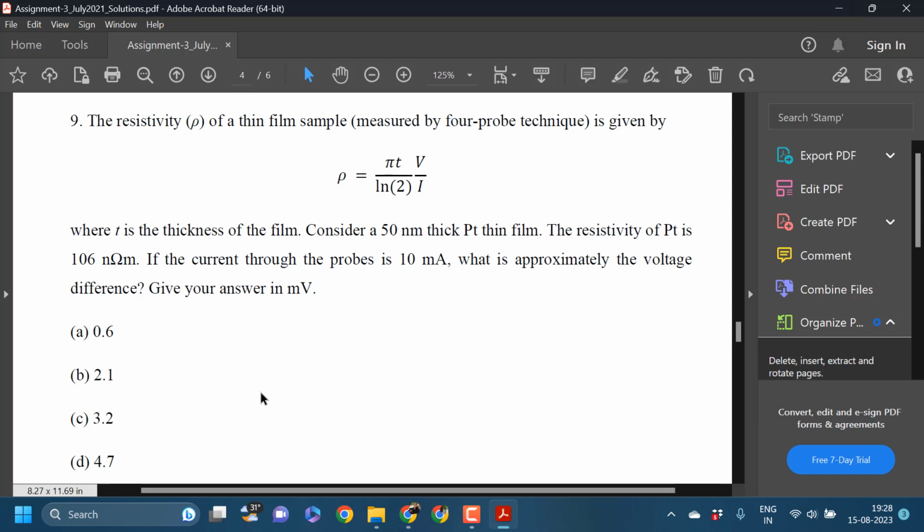Hello, am I audible? Everything you have to convert to SI, rearrange the equation. B you have to find out.